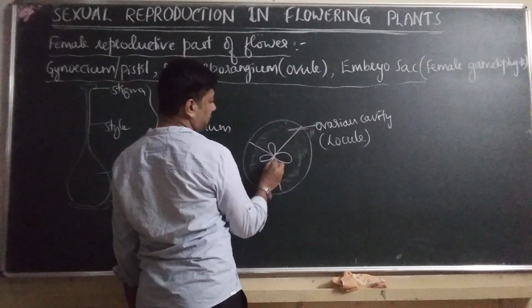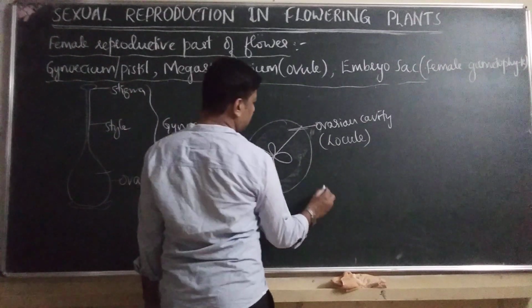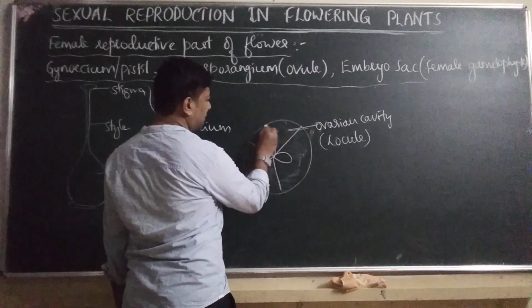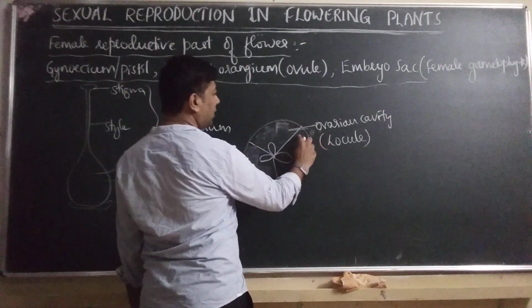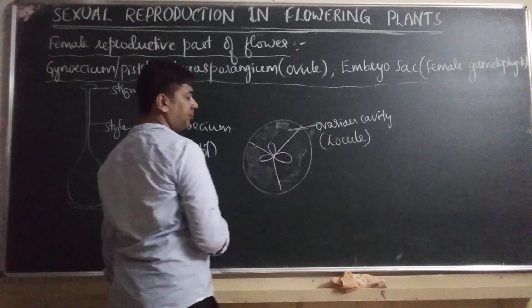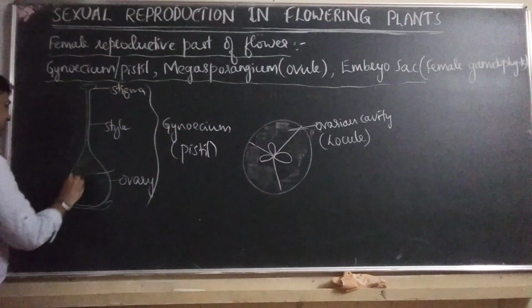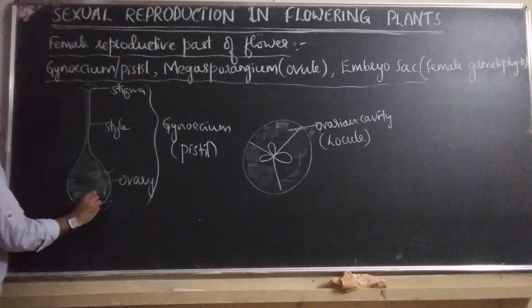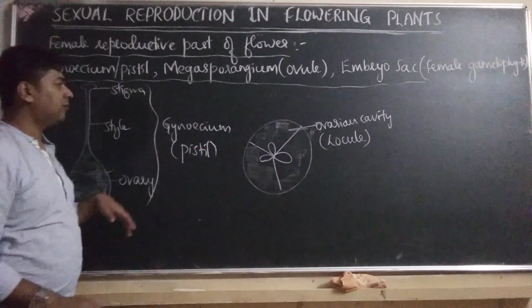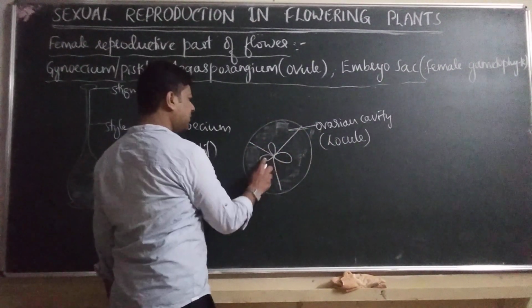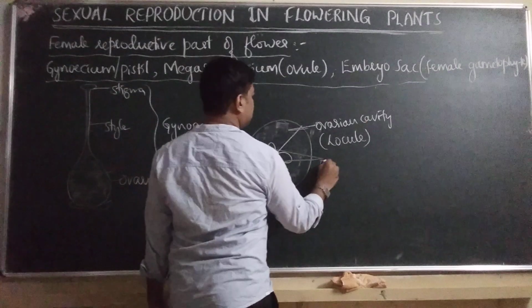The spaces I am showing shaded are called locules or ovarian space. These are the spaces present inside the ovary. The space inside the ovary is called ovarian cavity or locule. Then these are the ovules.